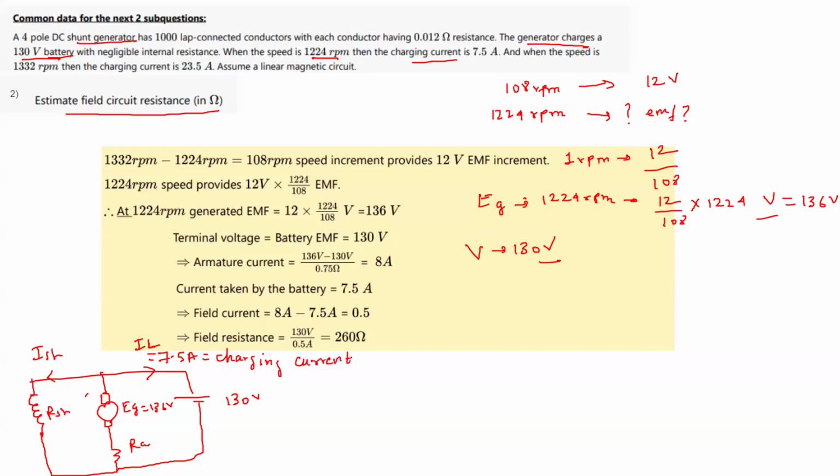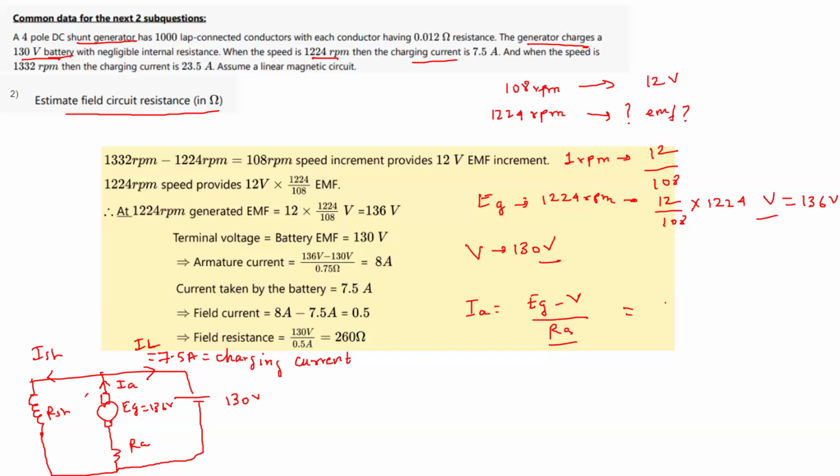Now here what we need to find: if we can find IA, then using the IA information we can find ISH. So what is IA? IA is nothing but EG minus V by RA.